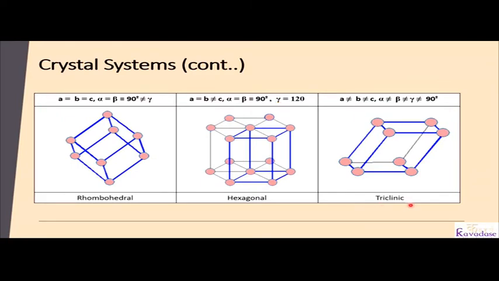In triclinic, no parameter is the same, meaning A is not equal to B and not equal to C, and alpha is not equal to beta and not equal to gamma and not equal to 90, meaning all parameters are different here. So 11 plus 3, 14. All 14 types of Bravais structures are covered here.